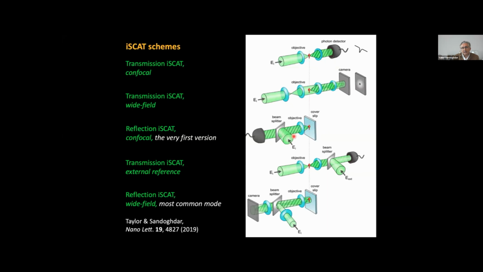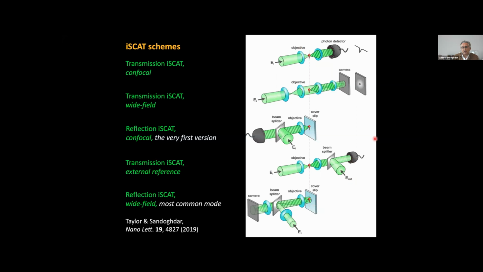And then again, you can do this with a point detector, as I will be talking about in the latter part of the talk when we do confocal microscopy, and incidentally how we did it in the very first paper. Or you could do the same thing using wide field, as has become very common recently. But you can also use a reference beam and interfere it with the scattered beam. That's what is done, for example, in holography or quantitative phase imaging.